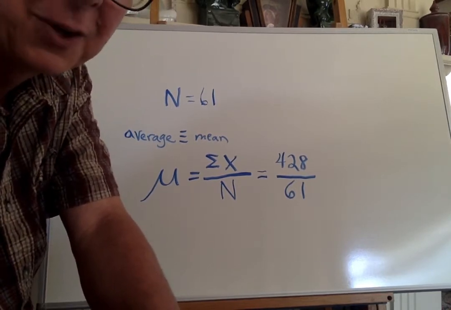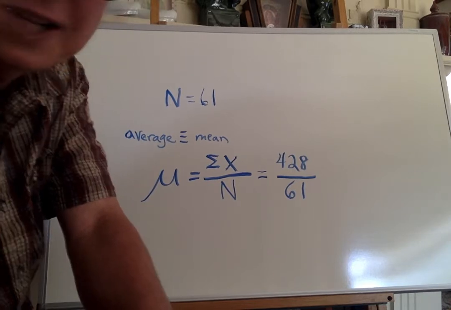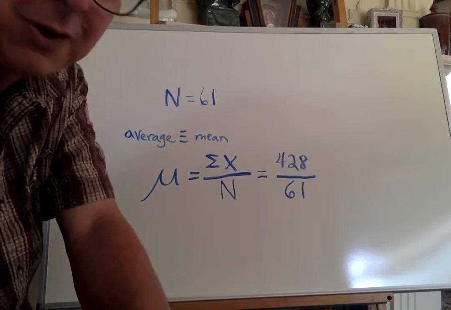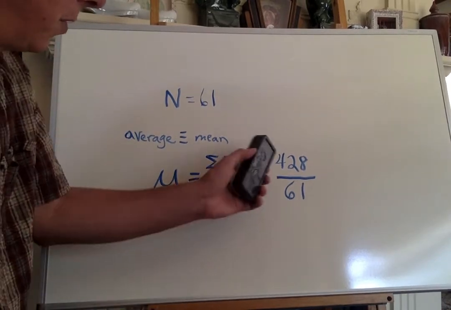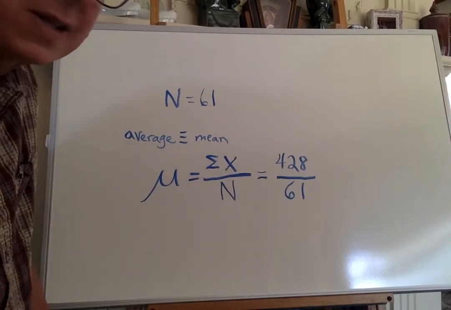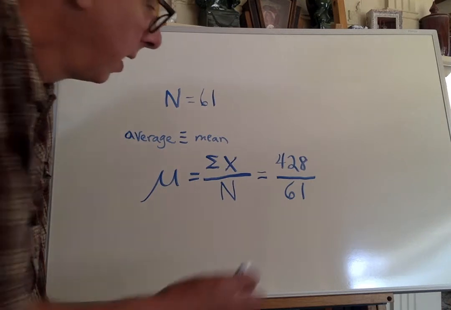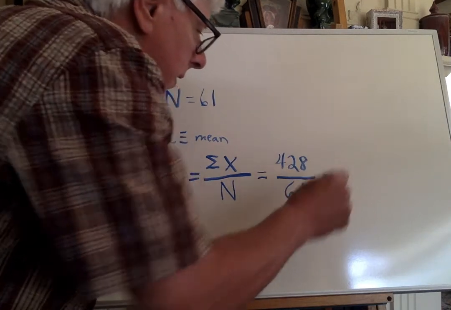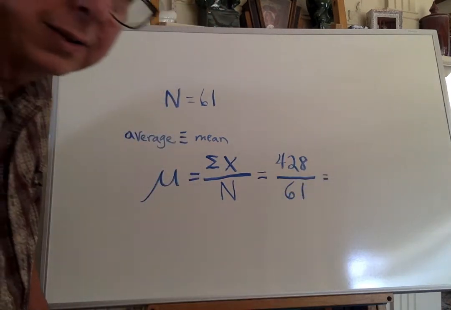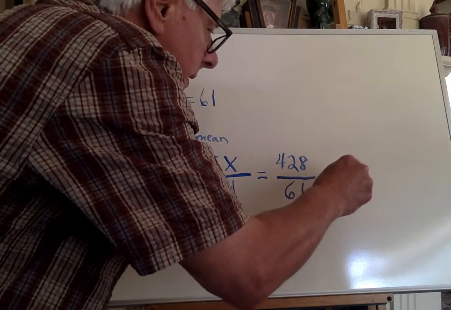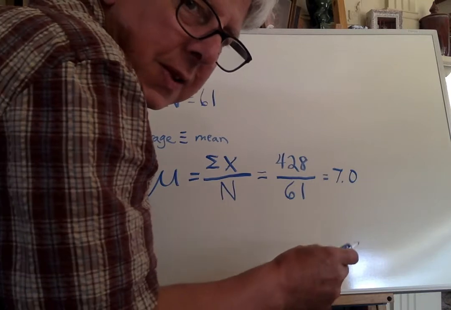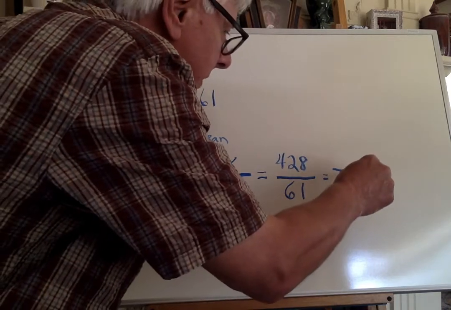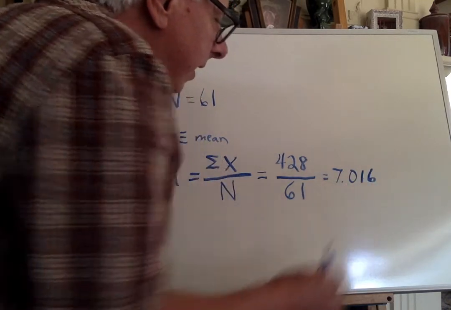Okay, so yeah, 428 is our total. And so 428 divided by 61 gives us an average of 7.01639 or something like that, okay?